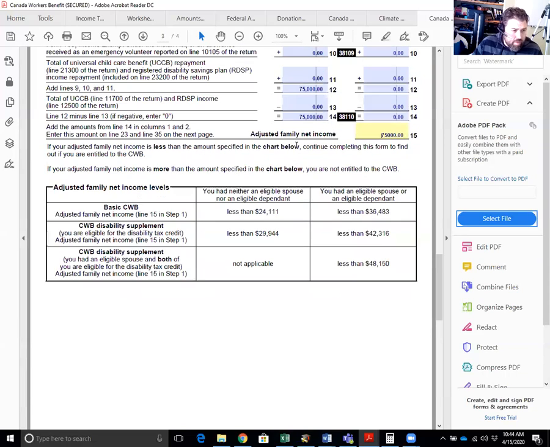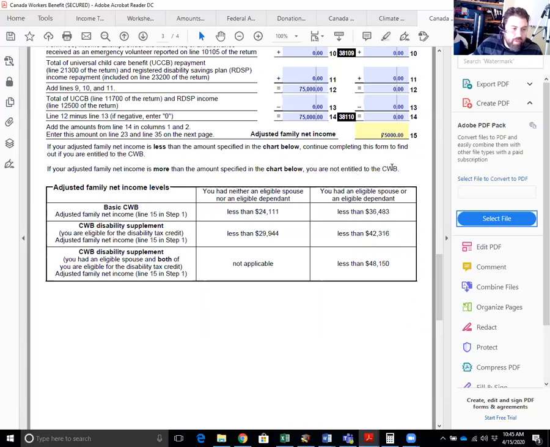So at this point in the form, CRA gives us a message. It says, if your adjusted family net income is less than the amount specified in the chart below, continue completing this form to find out if you are entitled to the CWB. If your adjusted family net income is more than the amount specified in the chart below, you are not entitled to the CWB.